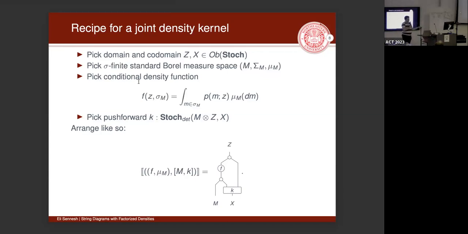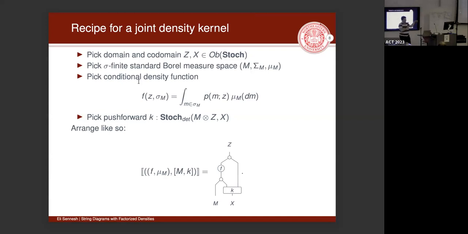Now that I have a residual and a base measure for the residual, I will pick out a conditional density function, like I actually wanted to work with this whole time, and I can integrate it over a measurable set in order to actually get the Markov kernel that I want to work with. Then I'm going to pick a pushforward, which is in the deterministic subcategory of my Markov category, and the pushforward is going to take both the residual and the parameter, and it's going to produce an output.